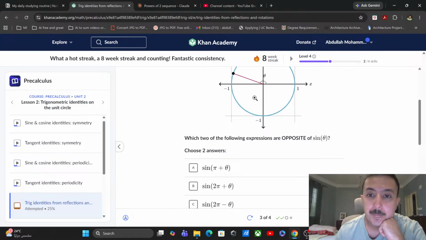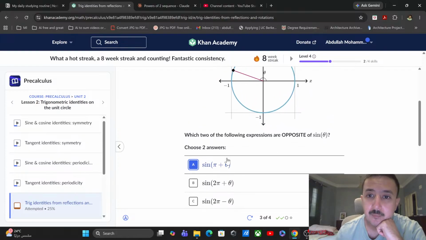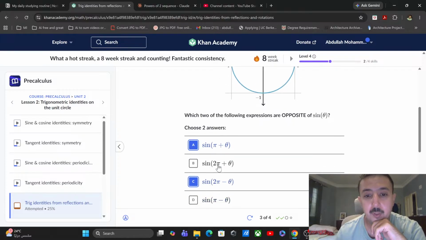So I'm gonna go, nope. Oh well, I can. Flipping it over the x-axis. Well, this might be it, but 2 pi plus theta, it's not the opposite, it's the same. 2 pi minus theta, I guess yes. It's going to be, yep, the opposite.